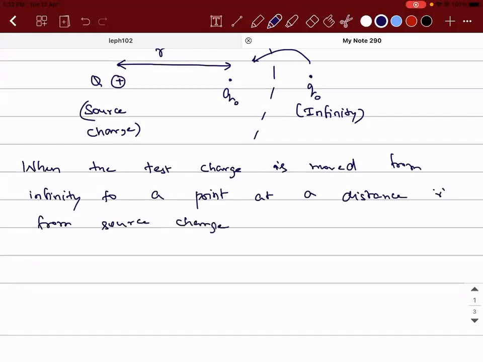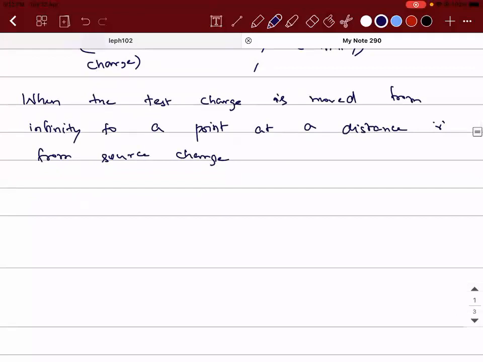What will happen? You tell me. There is a force experienced by it, of magnitude F is equal to K capital Q into Q naught divided by the distance square. Accepted.